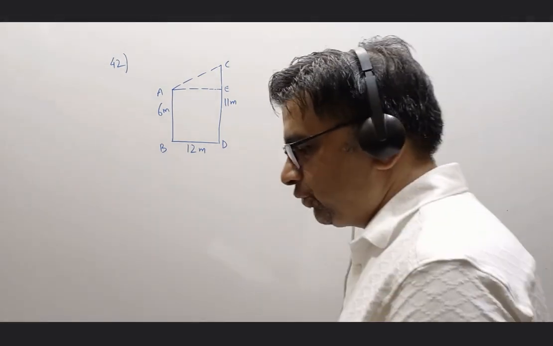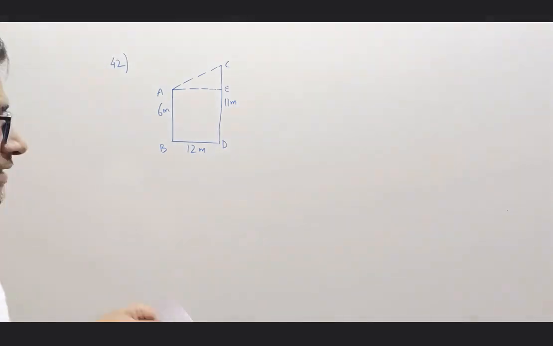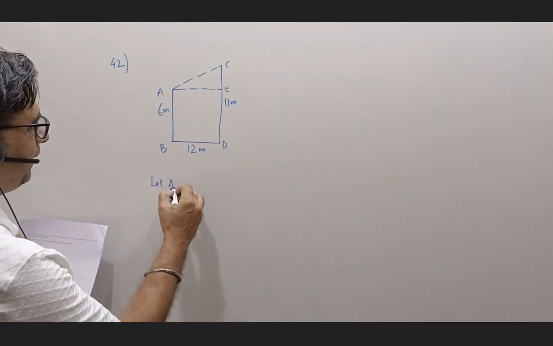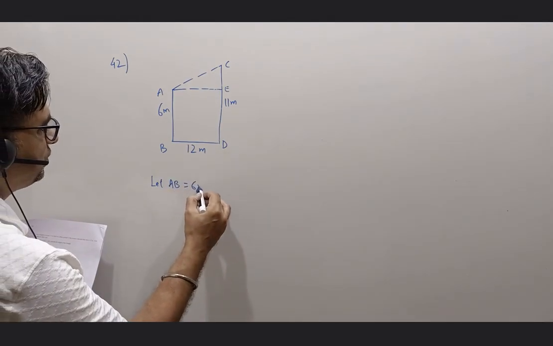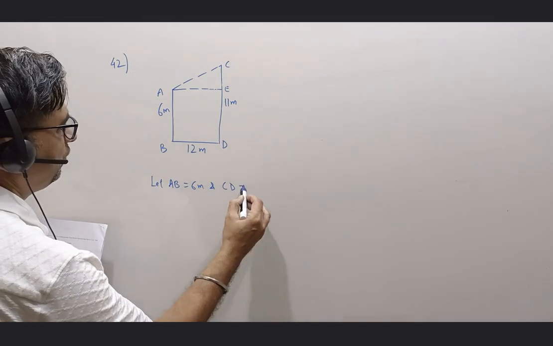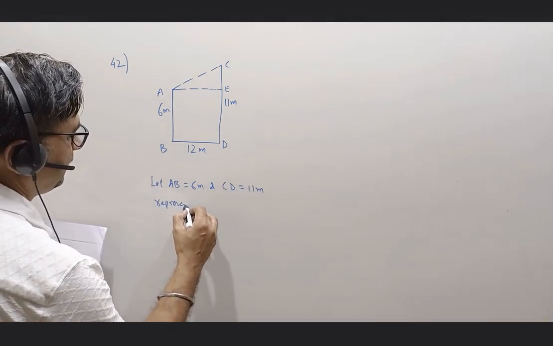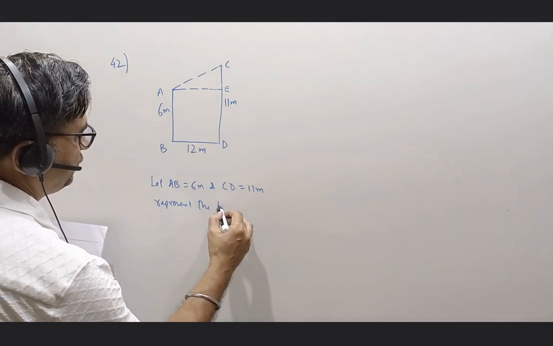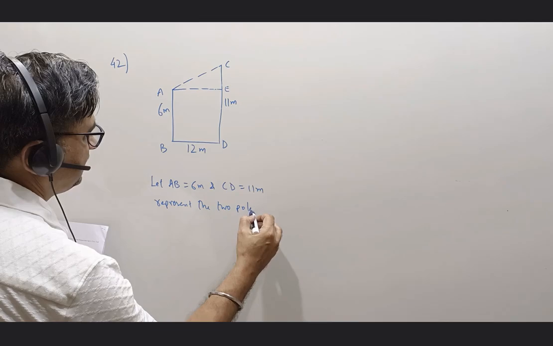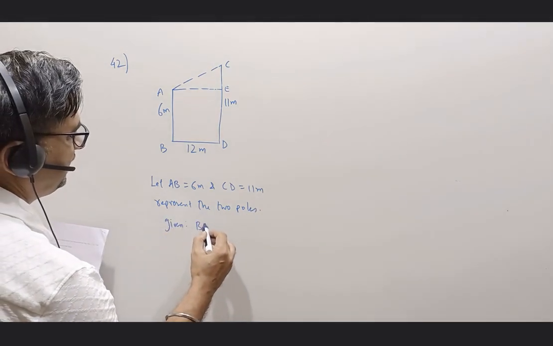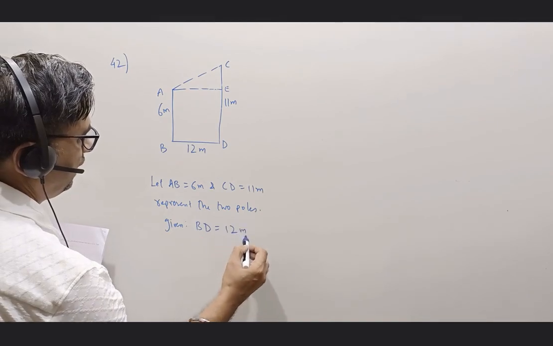For question number 42, two poles of height 6 meters. So let us represent these poles as AB and CD. Let AB equal 6 meters and CD equal 11 meters represent the two poles. It's given that the distance between their feet, BD, is equal to 12 meters.